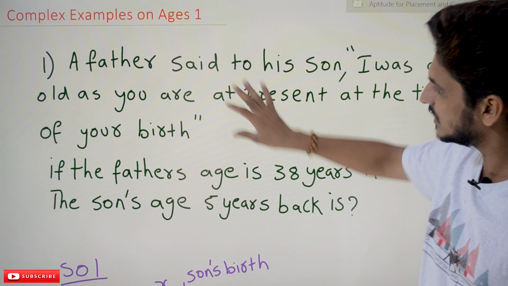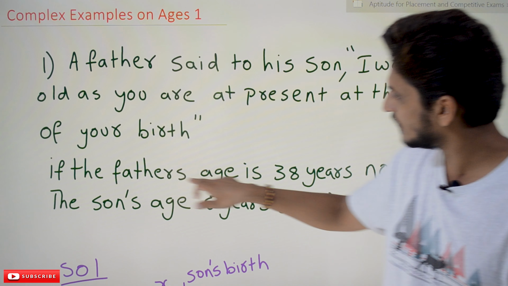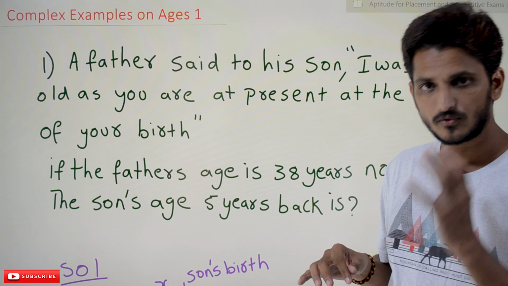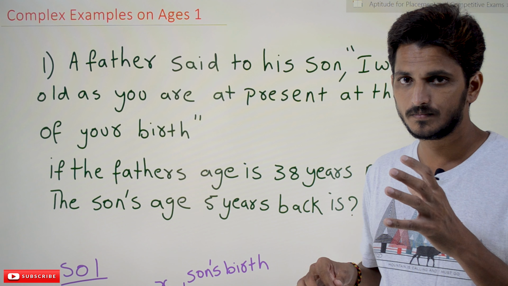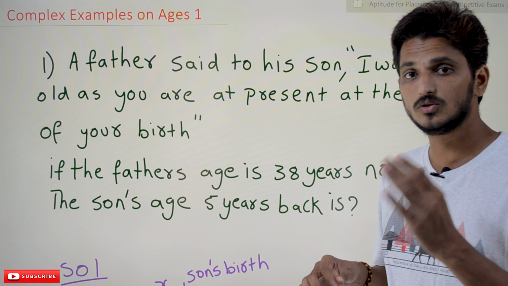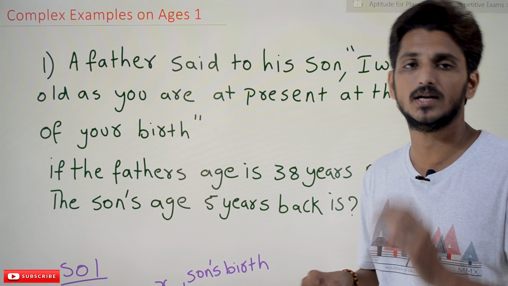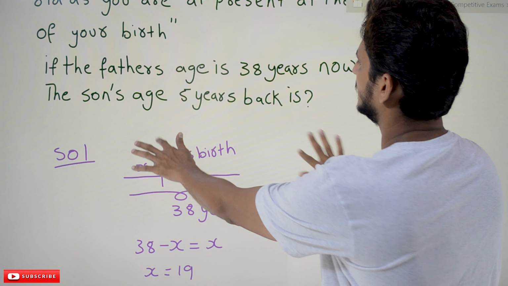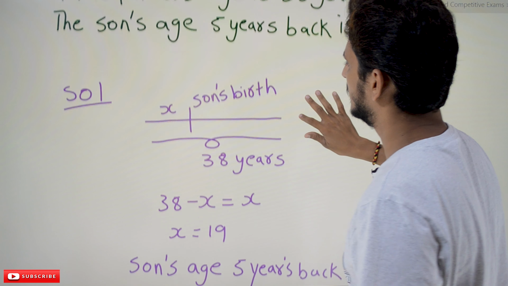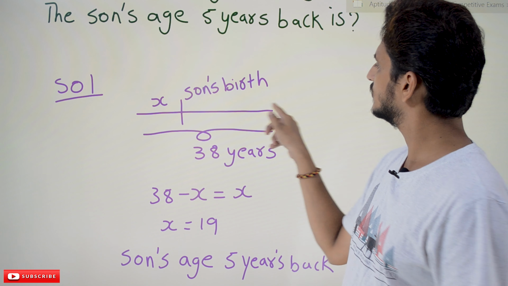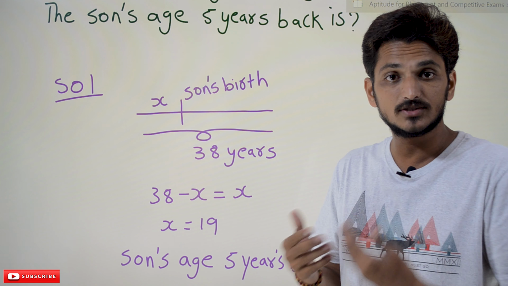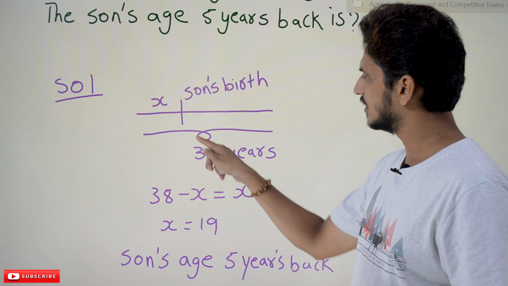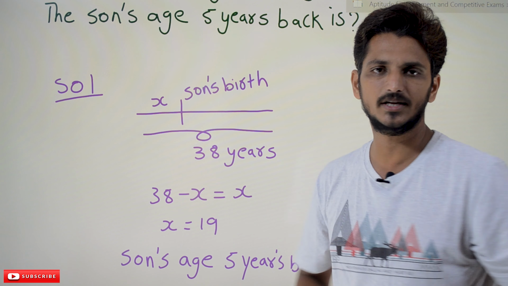It was clearly given that the father's age is 38 years now. In this type of situation, going graphically is a bit easier to understand the question. Assume that from here to here is the age of the father, the total 38 years.